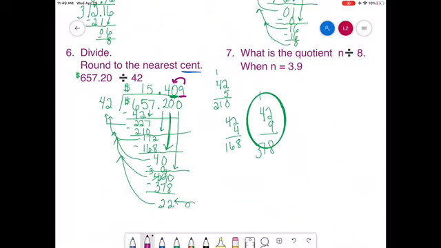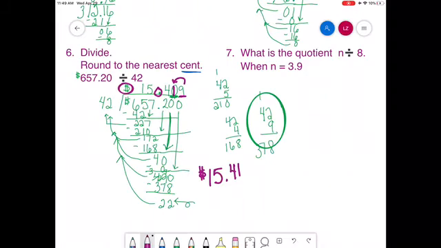We're trying to decide if we leave it as a 0 or if we raise it to 41 cents. This 9 tells us to do what? Keep it the same or raise it? It tells us to raise it to a 1. So our answer would be $15.41.